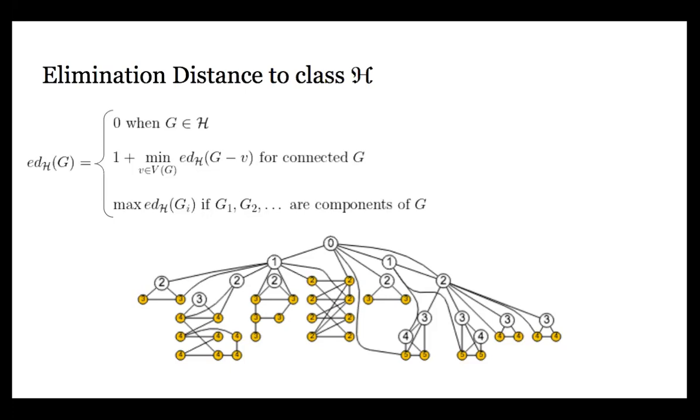The depth of such an H-elimination forest is the maximal number of non-trivial nodes on every root-to-leaf path, where all these nodes which are yellow are considered trivial. So this is the first measure which we can define, which considers subgraphs belonging to H as trivial.